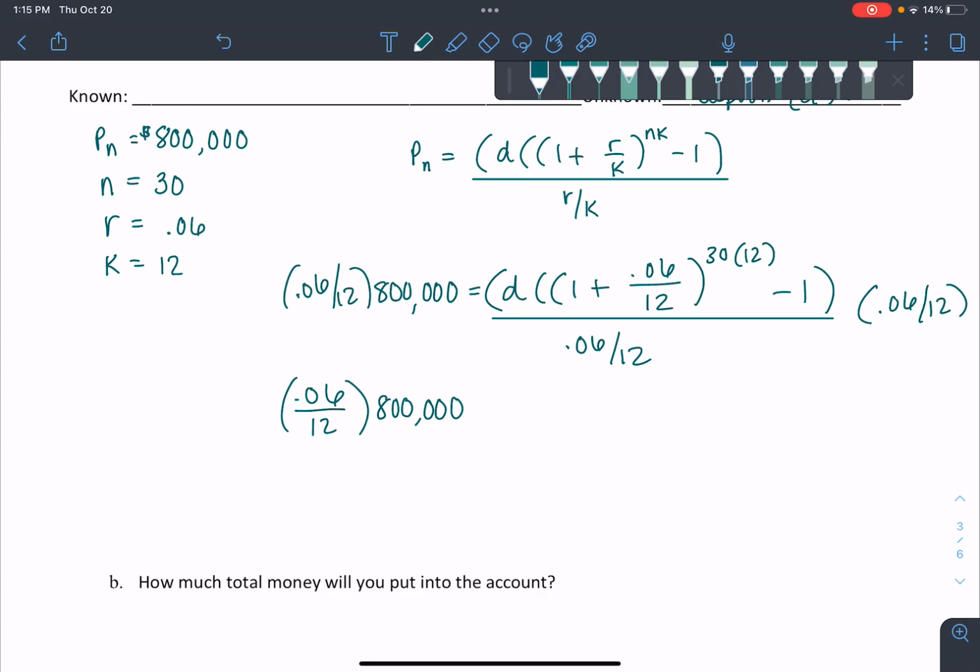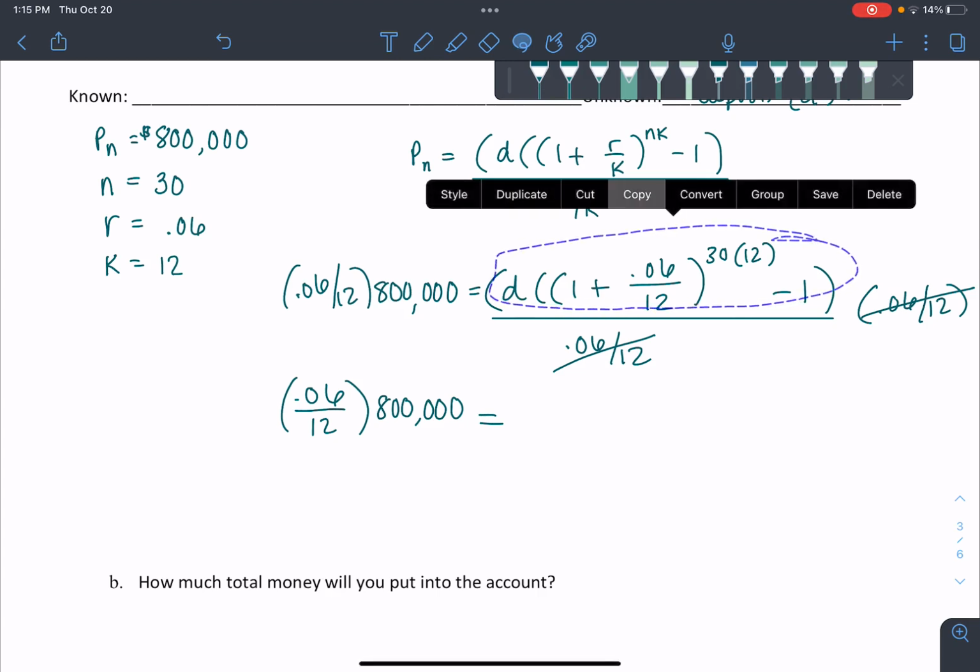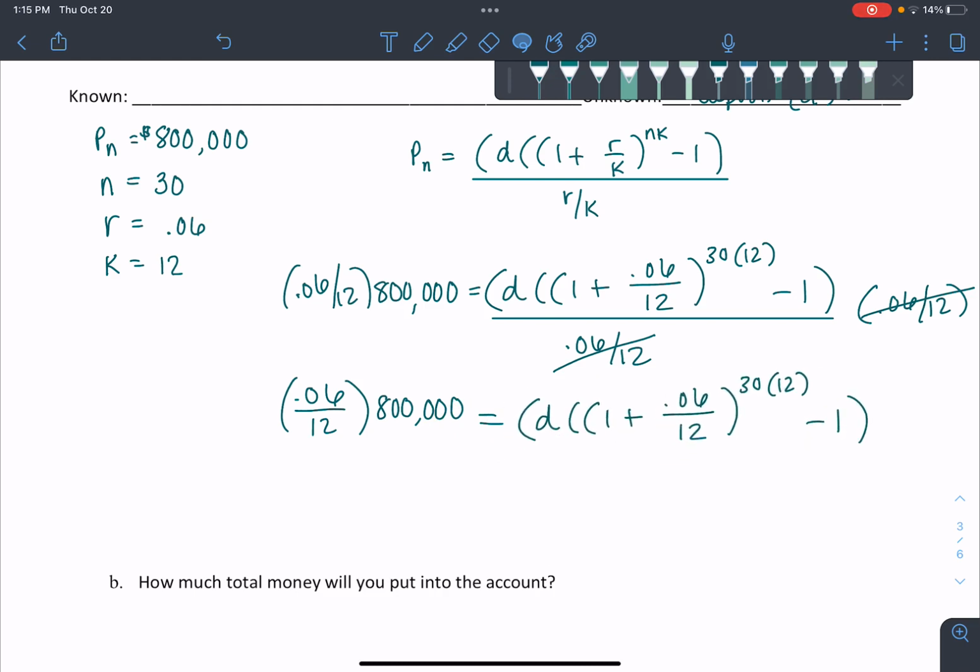And then that's gone. So now I'm left with all of this, right? So that's here. And then if we take that and we divide everything else except the D, we're going to have 0.06 over 12 times 800,000.